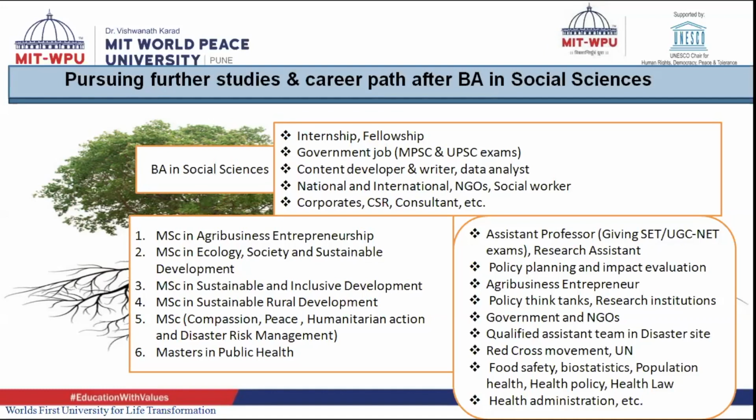From a MSc in agribusiness entrepreneurship to an MSc in ecology to an MSc in sustainable and inclusive development. You can see the whole list there. This BA in social sciences really preps you up for these master's programs specifically.